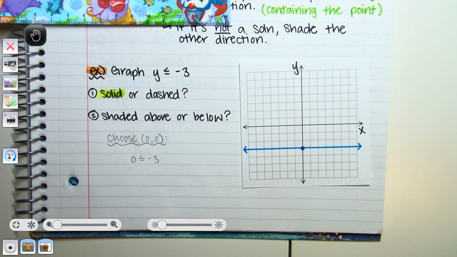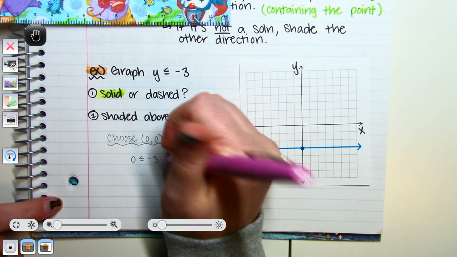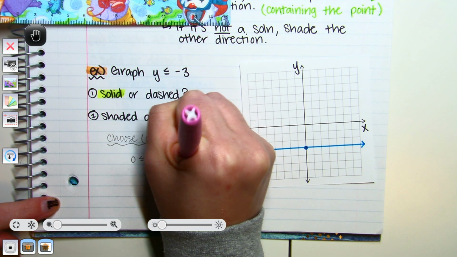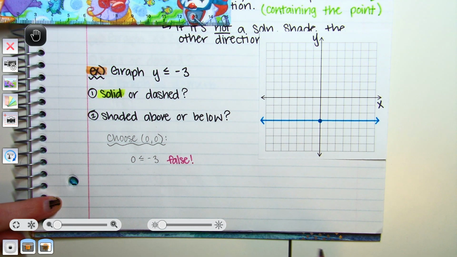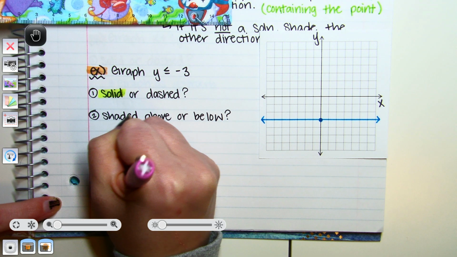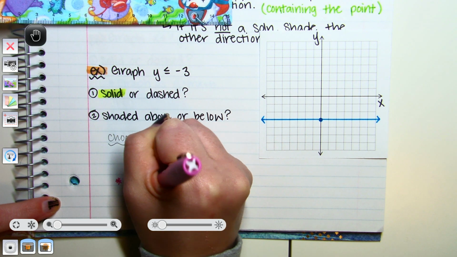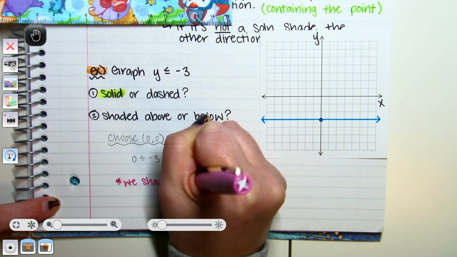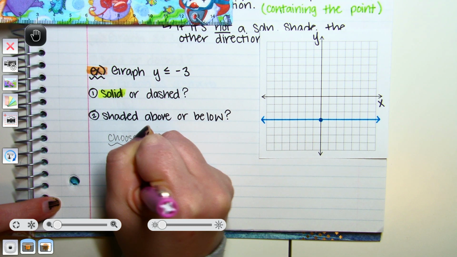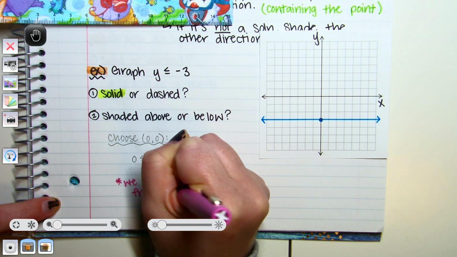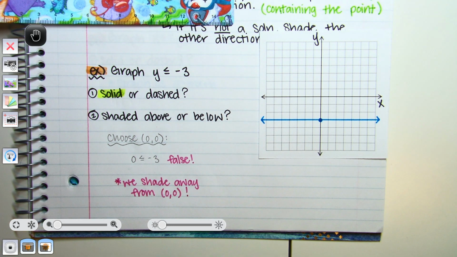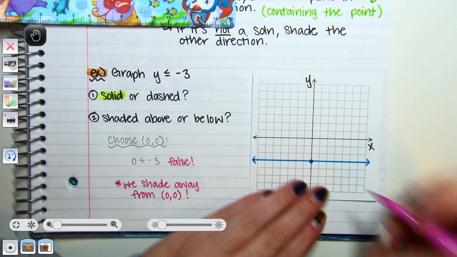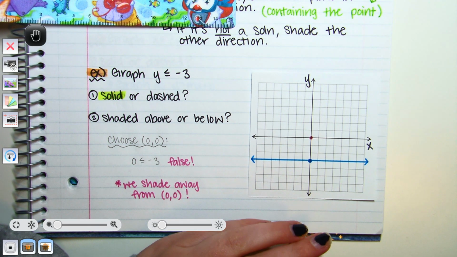So this is false. Get another color. This is false. So we shade away from 0, 0. Because that point 0, 0, this point right here, that was false.